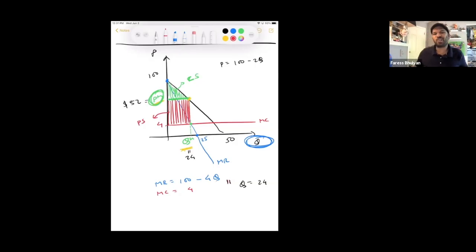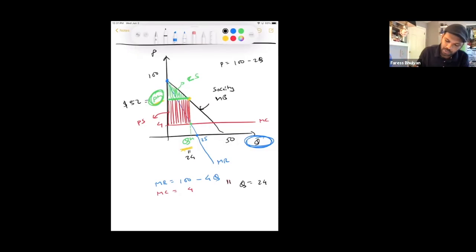But if you think from society's point of view, society would say, you know what? For us, we don't care about marginal revenue. We are a society. Why do we care about marginal revenue? Every time something is produced, this is the society's marginal benefit, because every time something is produced, the consumer eats it, and that's the marginal benefit we get.